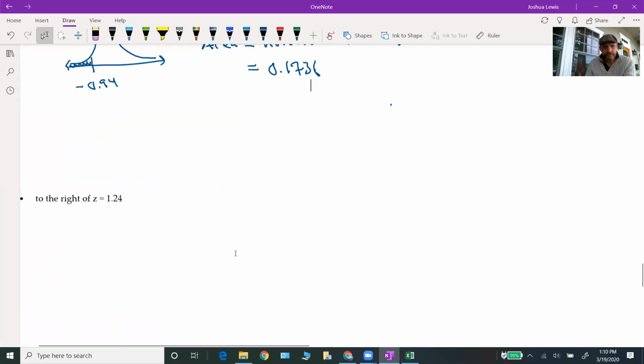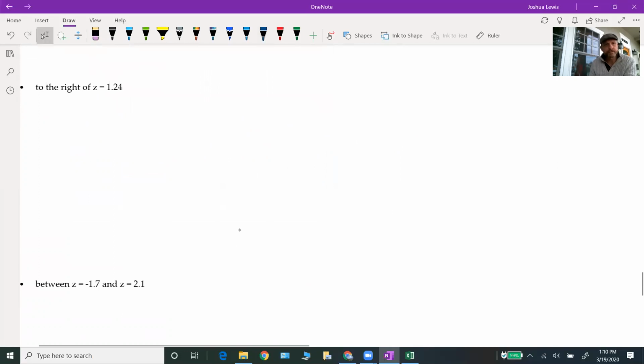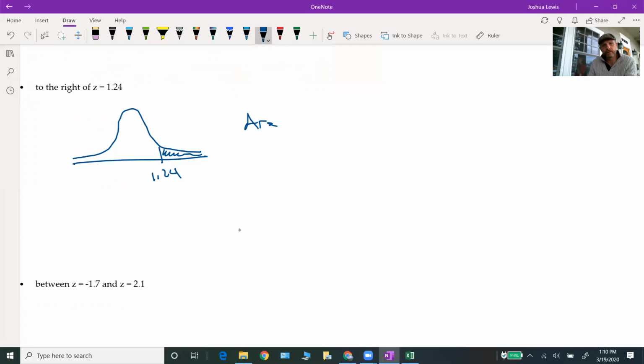The next one, to the right of 1.24. And so again, for areas to the right, we're going to do 1 minus the area left of 1.24.